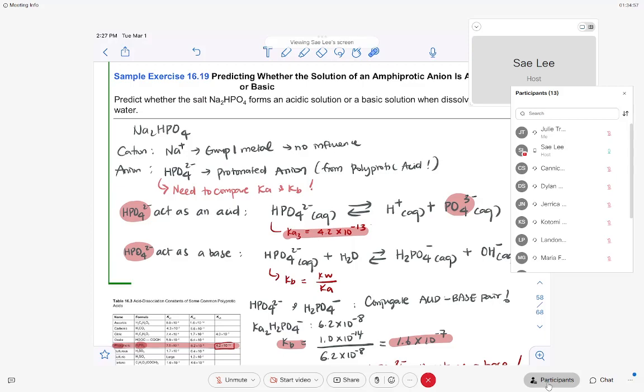In order to determine that, you should go back to chapter 2, where there were lists of cations and anions I asked you to memorize.